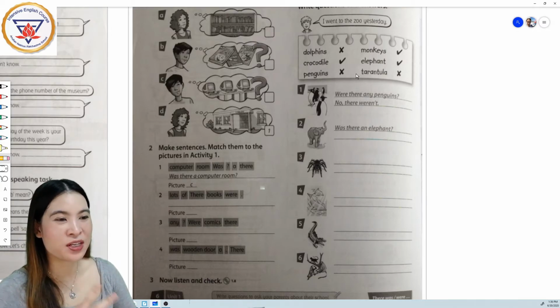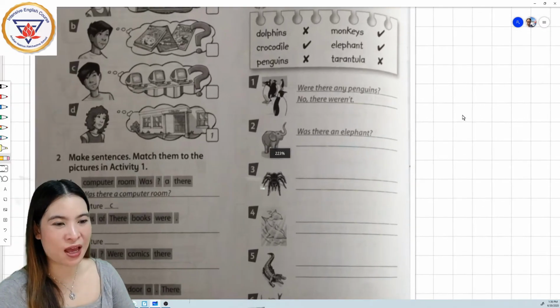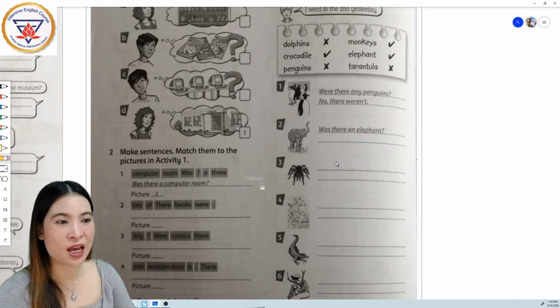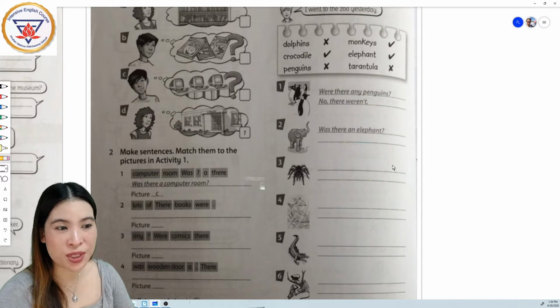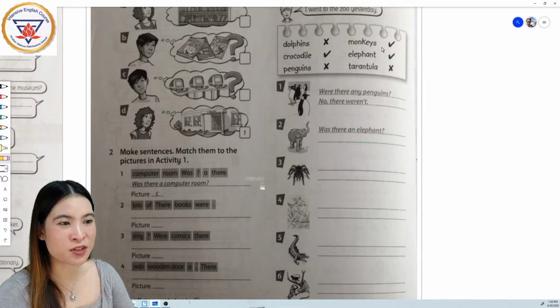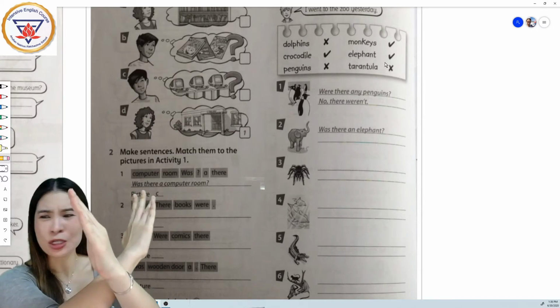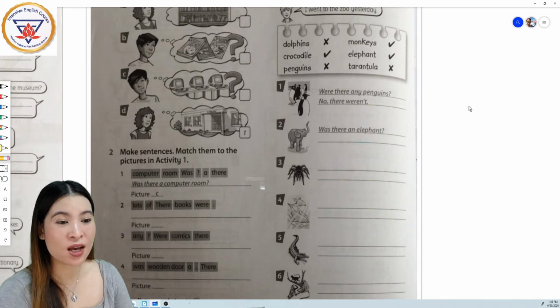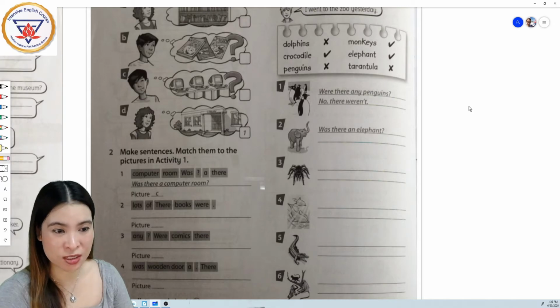So how many tarantulas in the picture? 1 tarantula. So you would say, was there a tarantula? What is the answer? There was a cross. So no, there wasn't.